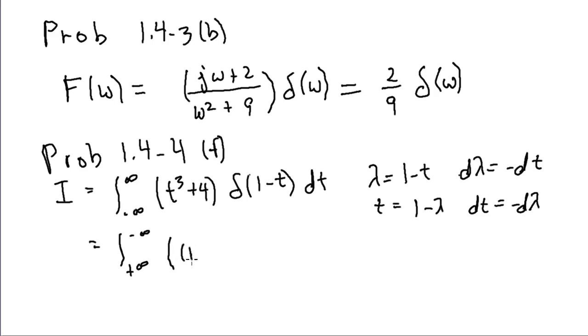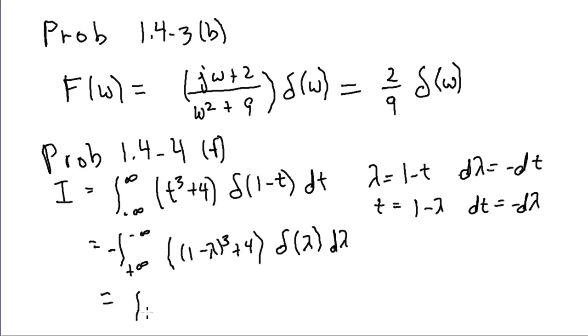That's 1 minus lambda cubed plus 4. And now I've made this variable substitution, so the argument of my impulse is just lambda, and dt becomes minus d lambda. I'll pull the minus sign out in front, but then I can reverse my limits of integration.